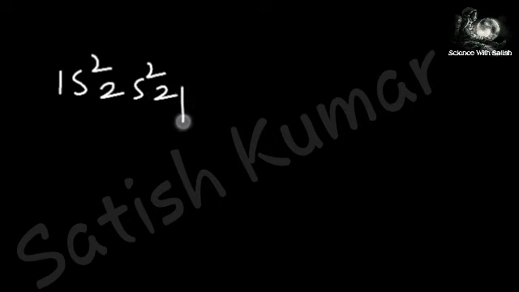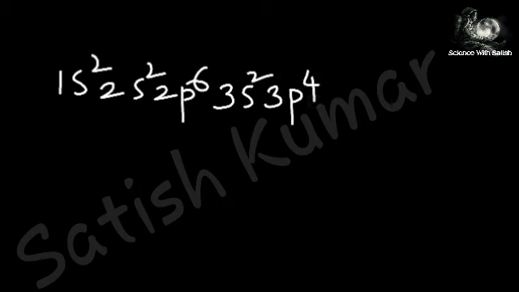Take one more example, that the electronic configuration is given as 1s2, 2s2, 2p6, 3s2, 3p4. The period number is very simple, the maximum n value, which is 3 here.